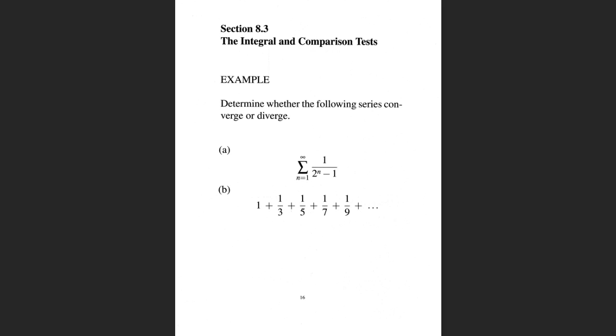All right, let's look at B now. So you have a series here where they've written out the first 5 terms: 1 plus a third plus a fifth plus a seventh plus a ninth, and so forth. So what's missing from this series that we've seen so far?